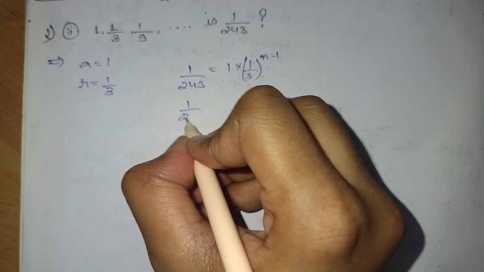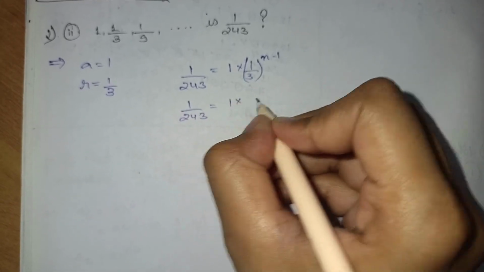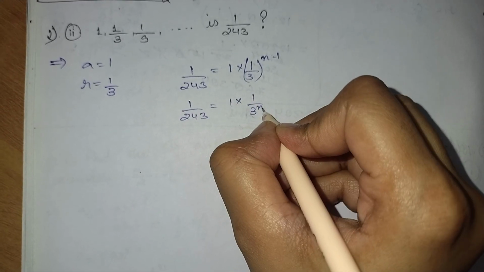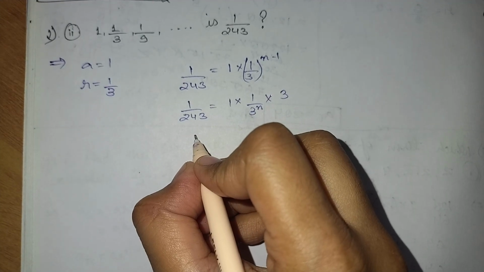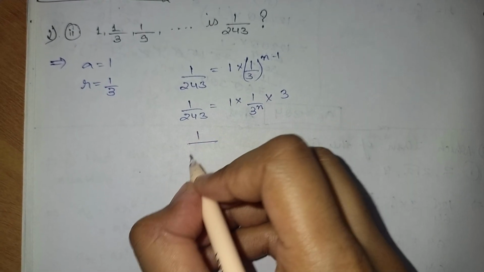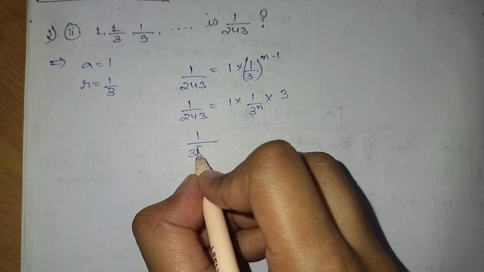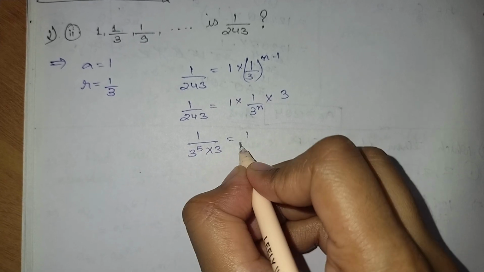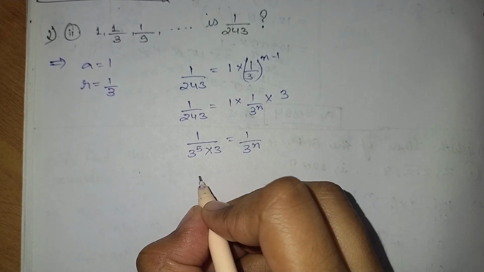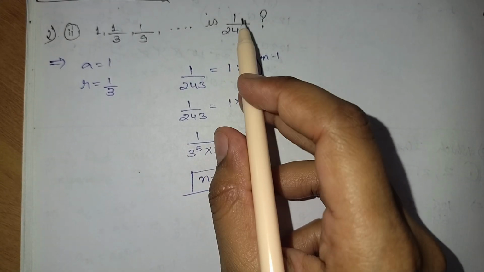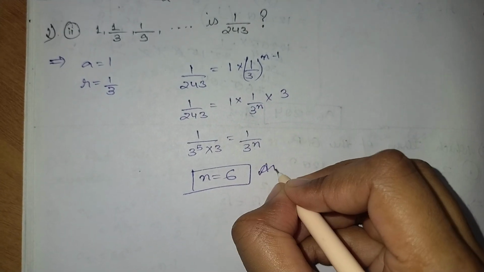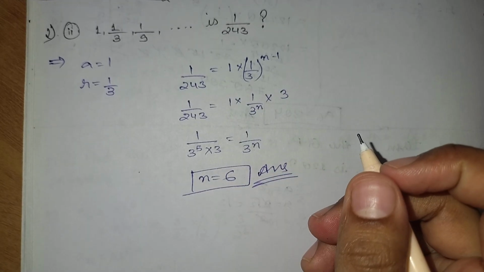So simply 1 by 243 equal to 1 into (1/3)^n into 3. So 1 by 243 will become 3^5 in the denominator, and multiplying by 3 equal to (1/3)^n. So on comparing, n is equal to 6, means sixth term of this GP is 1 by 243, and this is the final answer of question number 2 second part.